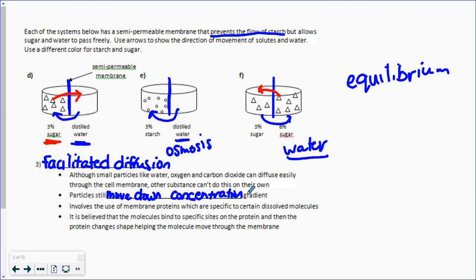But instead of just moving across the membrane, it involves the use of membrane proteins, which are specific to dissolved molecules. And so it's believed that molecules bind to specific sites on the protein and then the protein changes shape, helping the molecule move through the membrane.